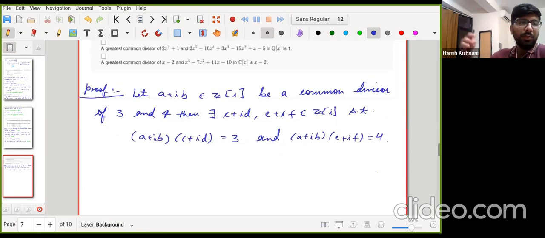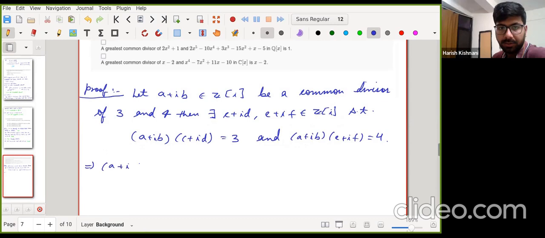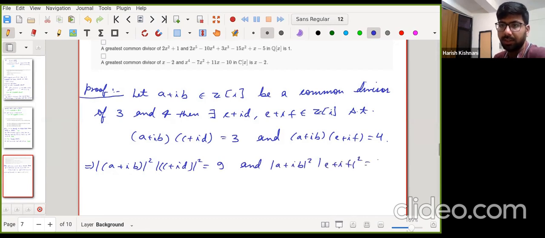Now, you take the complex conjugation and then modulus. So this implies |a plus eta b| squared times |c plus eta d| squared is equal to 9, and same here, |a plus eta b| squared times |e plus eta f| squared is equal to 16.